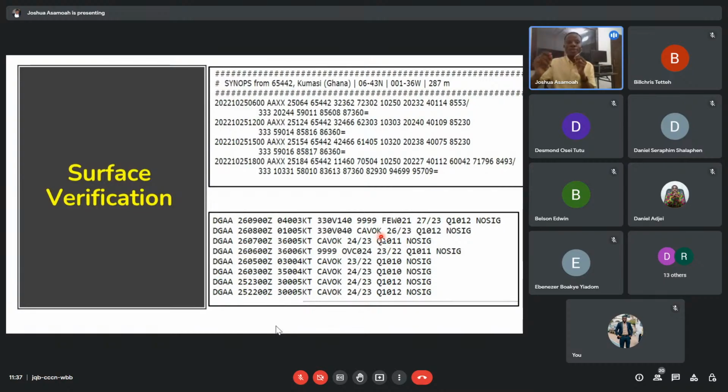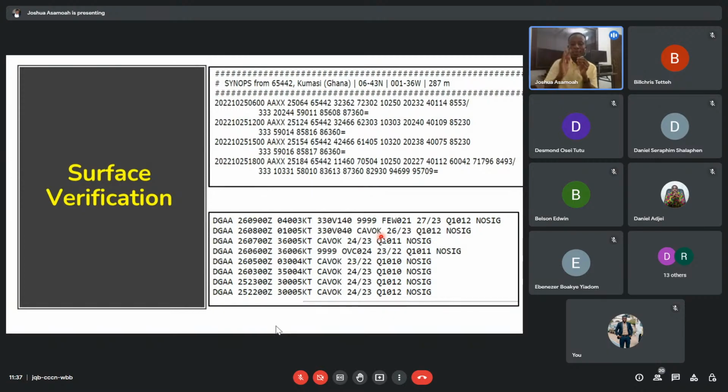Anyway, so it means there's no low cloud in the atmosphere at the time. No CB, no cumulus cloud, no stratocumulus cloud, anything like that. There's no cloud below 5,000 feet. None of the clouds you are seeing in the atmosphere at the time is below 5,000 feet. So they are all either medium clouds or high clouds in the atmosphere. And then visibility is 10 kilometers or more.